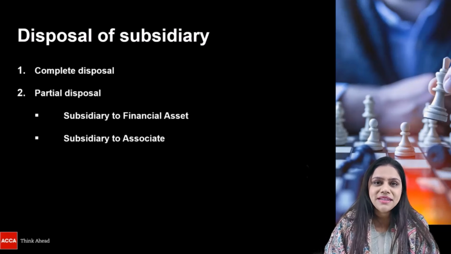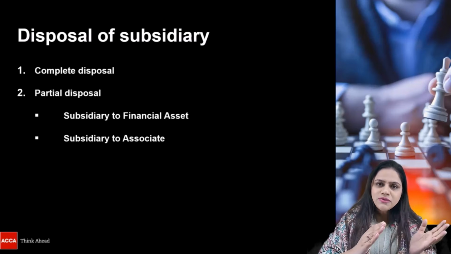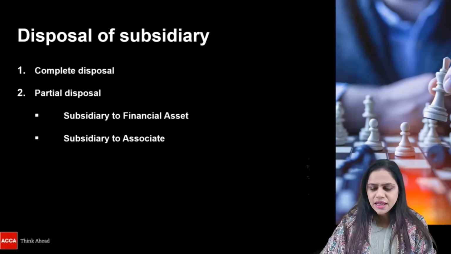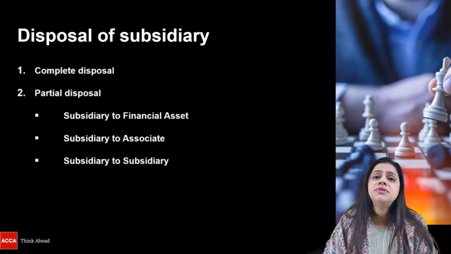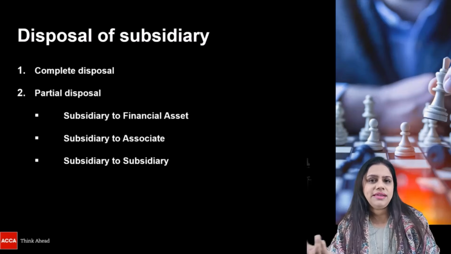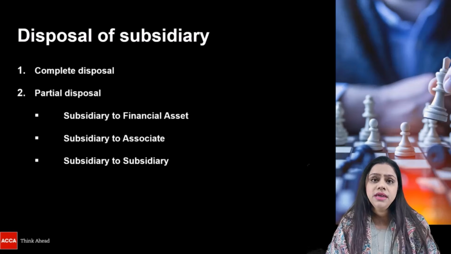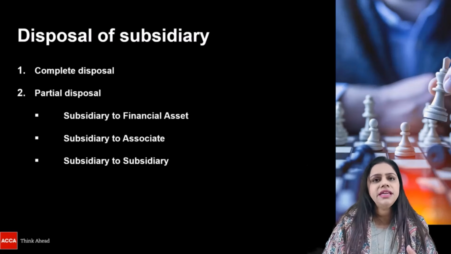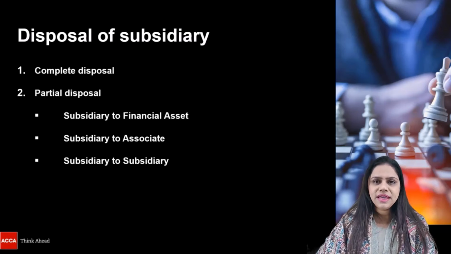You're left with 30% investment. This is going to be called an associate. So that is a movement from being a subsidiary to being an associate. And thirdly, there is a movement from subsidiary to subsidiary. So you had 80% investment in a company, you decided to sell off 20% of it, still you have 60%, still you have control. So there is a subsidiary to subsidiary case.